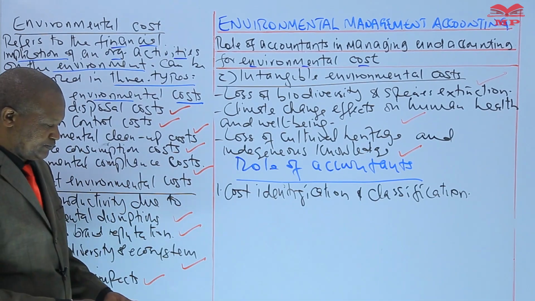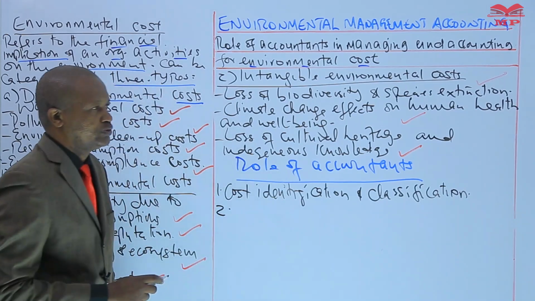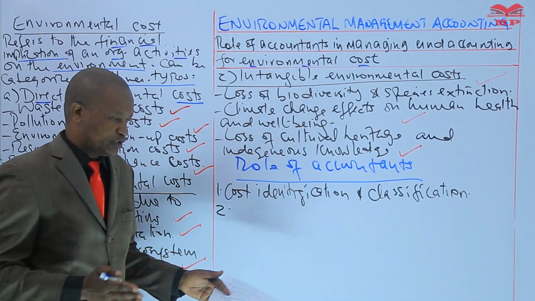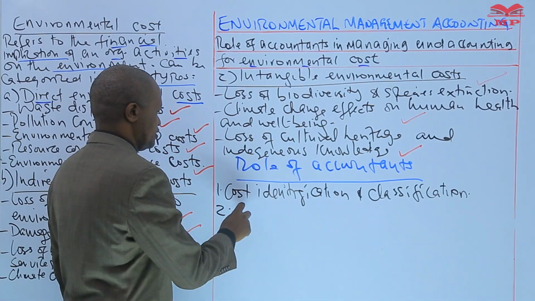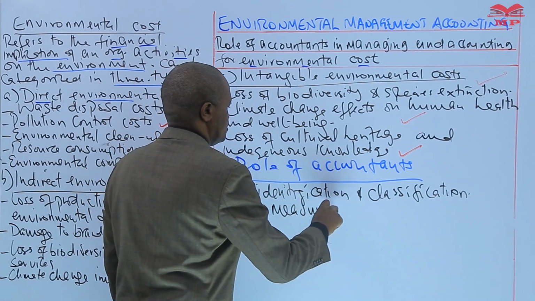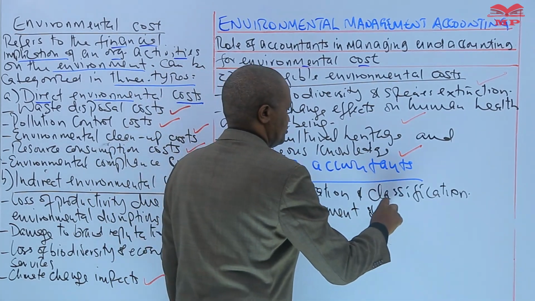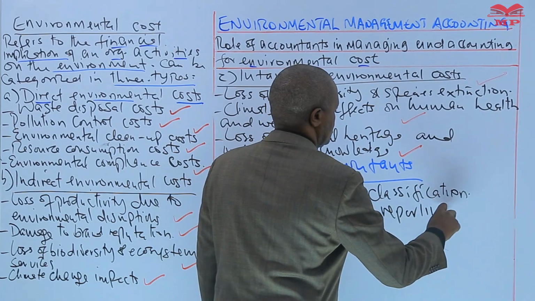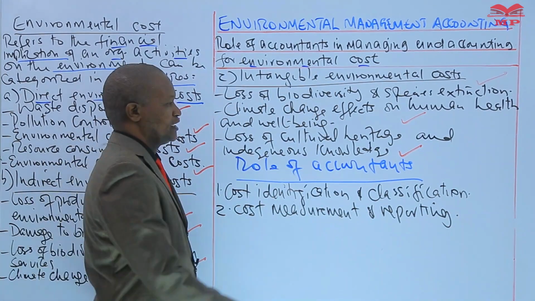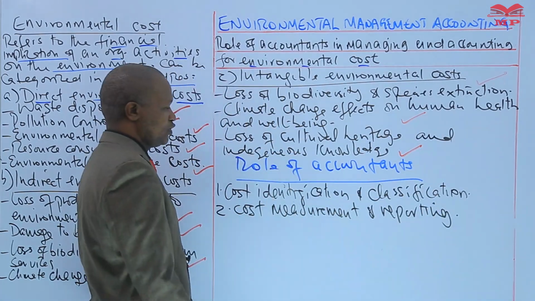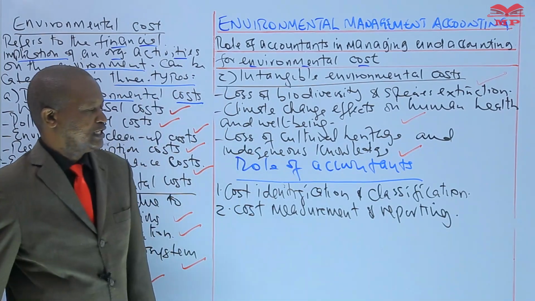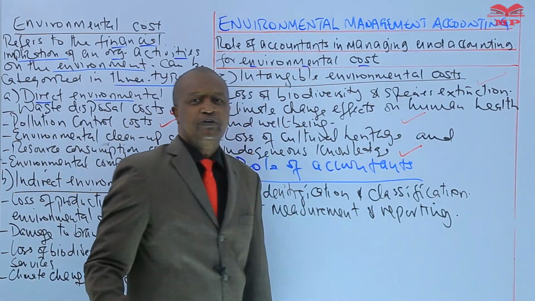That's role number one. Role number two is to measure and report. Cost measurement and reporting. After identifying and classifying the environmental costs, the accountants help in measuring the costs. They help in reporting the environmental costs.